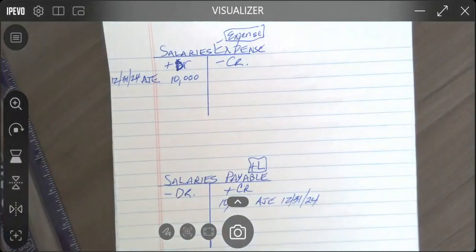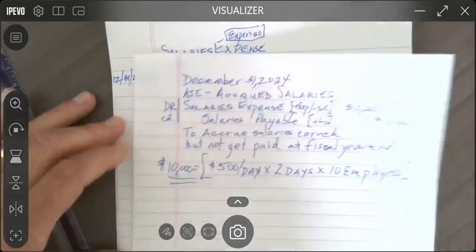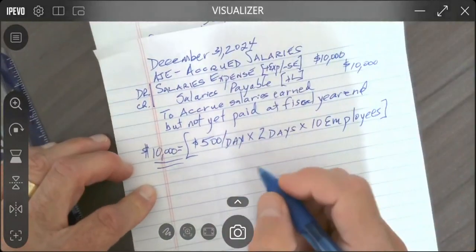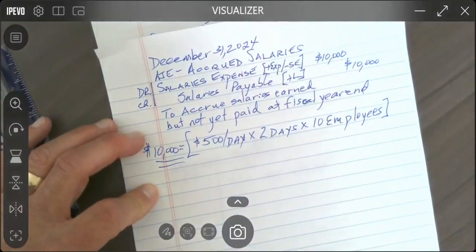Now, remember, the chief accounting officer records a reversing entry for all accrued expenses that will be paid in the next accounting period. Well, these will be paid in the next accounting period because they'll be paid in January of 2025. Right? So we will indeed record a reversing entry. Now, here comes the important point.